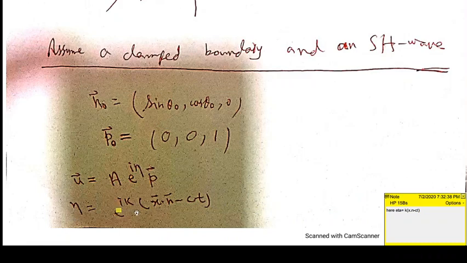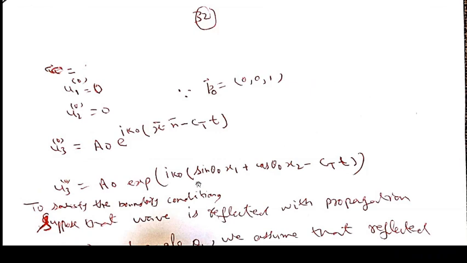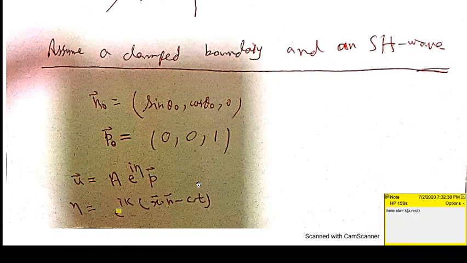Eta will be simply equal to k into x dot n minus Ct. x is the position of the particle which moves with the wave, n is the propagation vector which is given here, t is the time, c is the phase velocity of the wave, and k is the wave number of the wave. Here we have taken the general complex form of the plane wave.